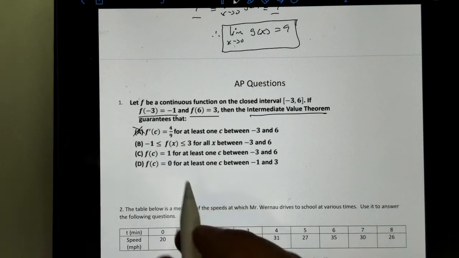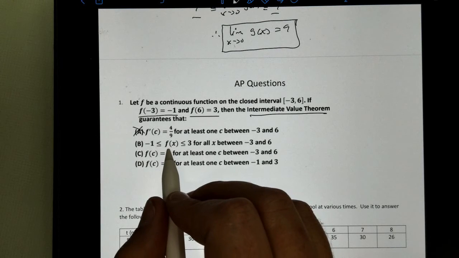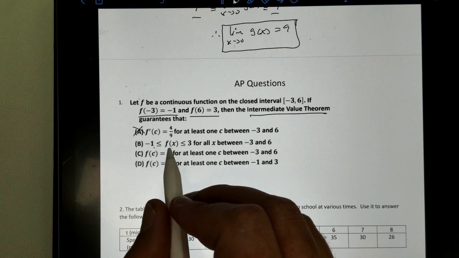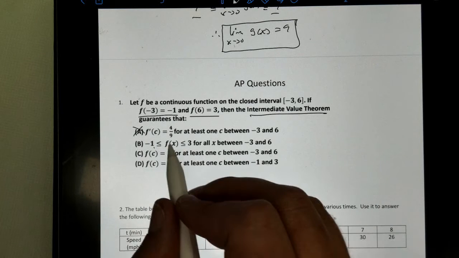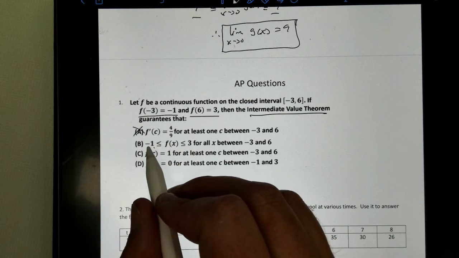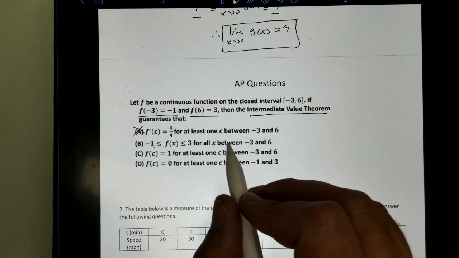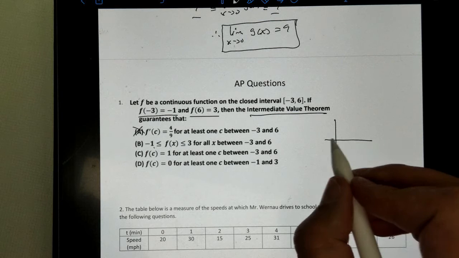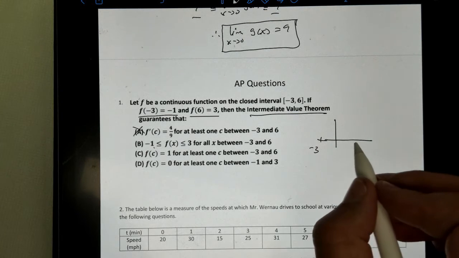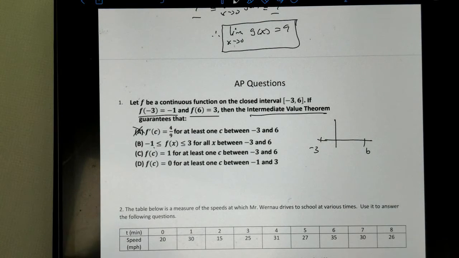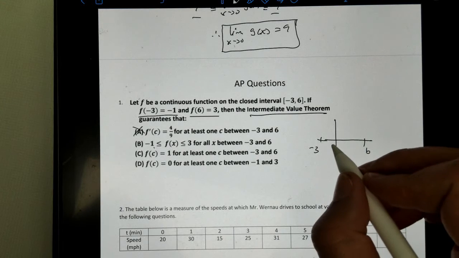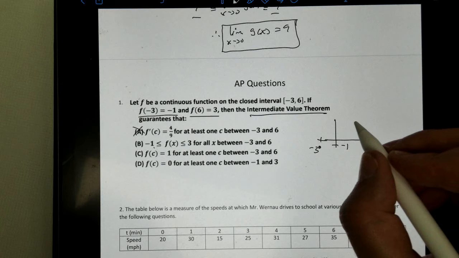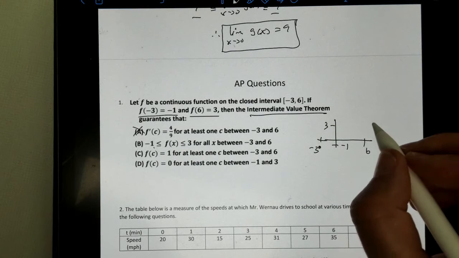The next one says that it has to have all y values between -1 and 3 for all x. So in other words, it's going to take on all y values between -1 and 3 for all x values between -3 and 6. So if I think about what this graph looks like, between -3 and 6, and we're told that the y values go from -1 all the way to 3, right here.